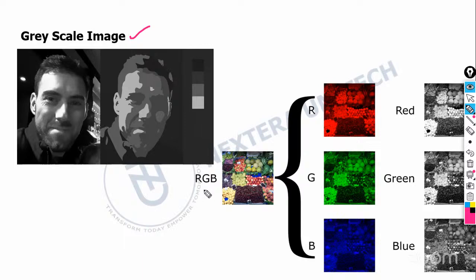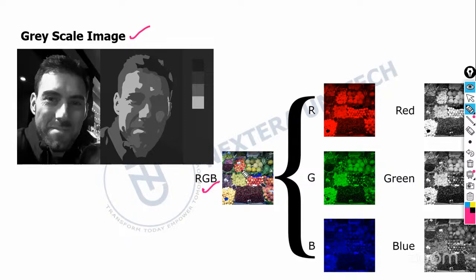What is the other one? RGB, where R stands for red, G stands for green, B stands for blue. Now, I hope you got the types of images. Now let me explain what this grayscale image is and what this RGB image is.